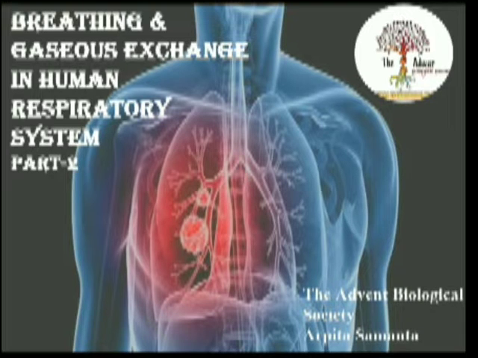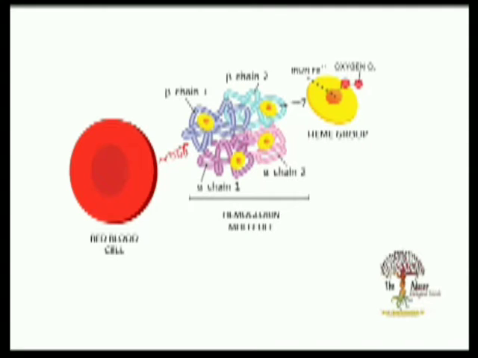I'm Arpita Shamanto. Today we will learn about how gas is transported through blood. We all know that hemoglobin is the key factor of the red blood cell, and this is mainly made up of two groups, the heme group and the globin group. The heme group is a prosthetic group, and there are four subunits, two alpha chains and two beta chains.